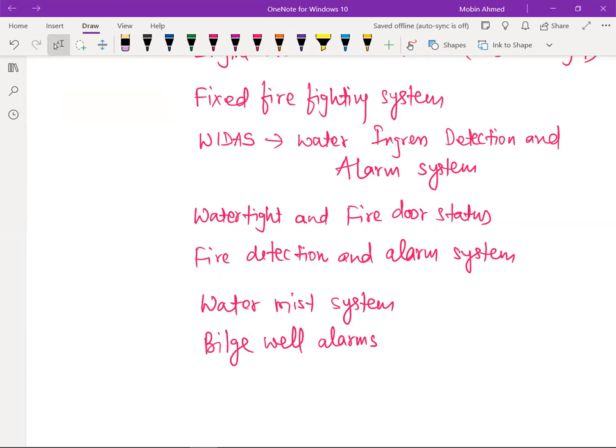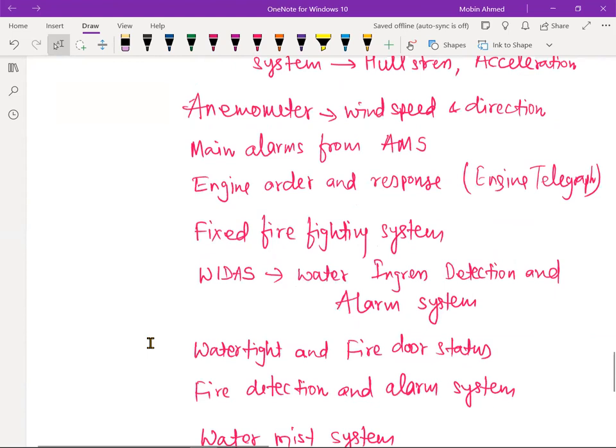Sir, what is this hull opening data? Hull opening, if anywhere the hull is open. Okay, so there is an indicator, like if you have a duct keel. You know duct keel? Have you seen the duct keel? No, sir. Yes, sir. The bottom door of the engine room.